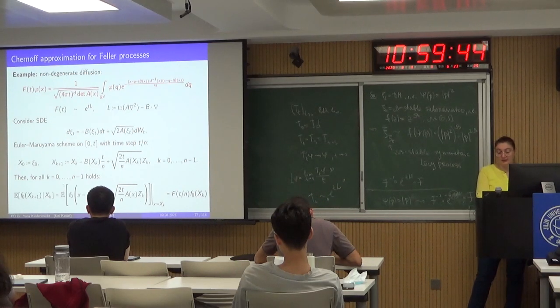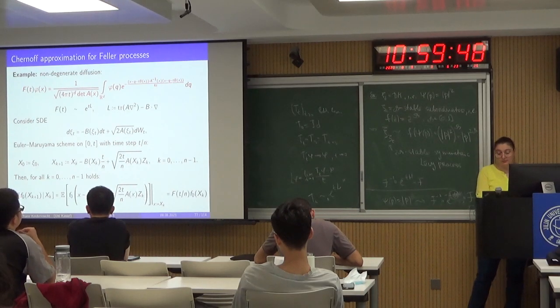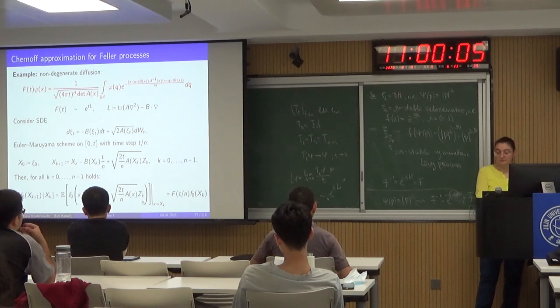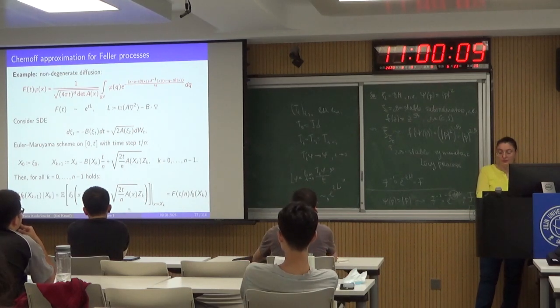That is, I calculate the expectation of this, taking into account that my x is nothing else but x_k. And I take into account that z_k is independent from x_k. But you know that z_k is IID, a standard normal Gaussian. So we know the distribution of this random variable.